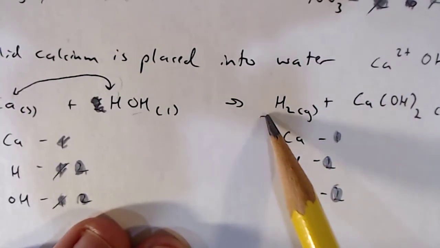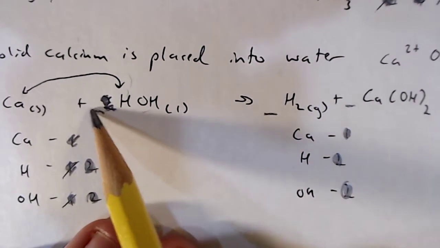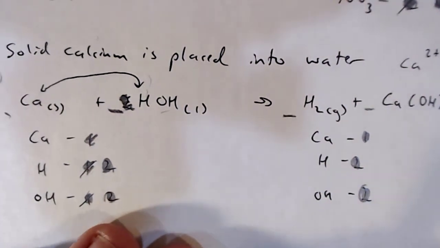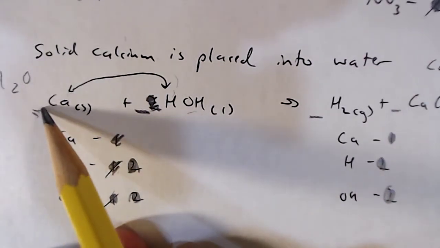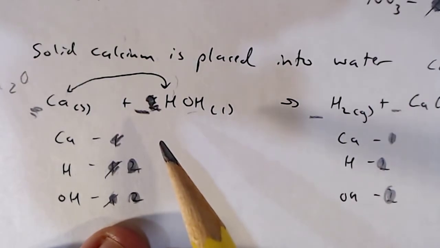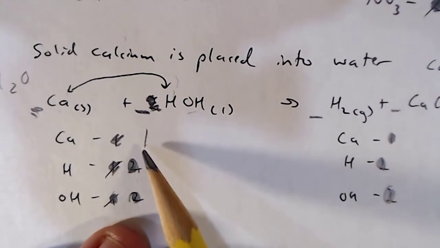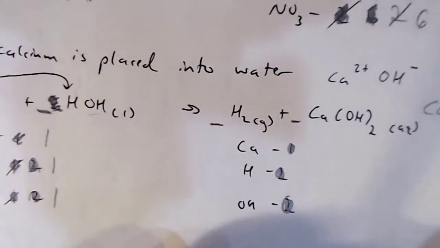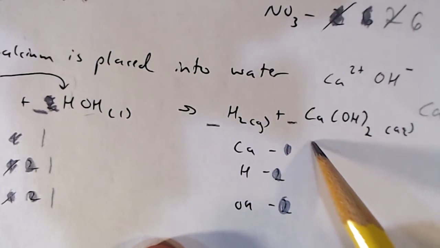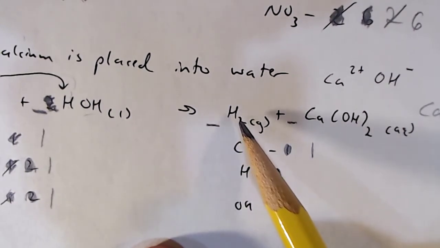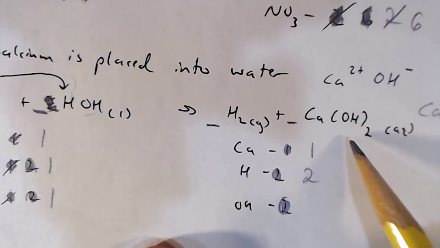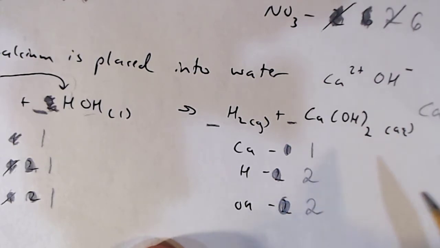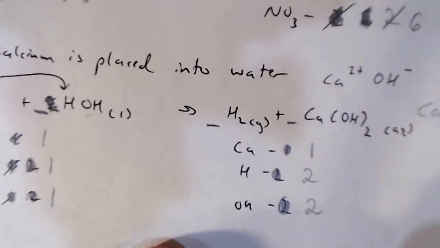The next step is to change the coefficients in front of things so that you have just as many atoms of each element on both sides. We're balancing the equation. Right now there's 1 calcium on the left and 1 H on the left and 1 OH on the left and 1 calcium on the right. 2 H's on the right and 2 OH's on the right of that arrow.